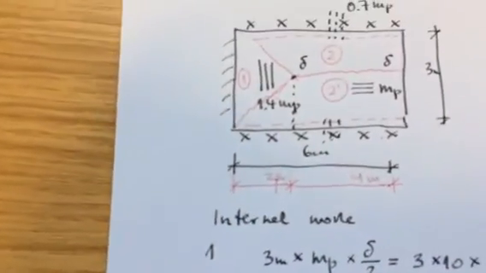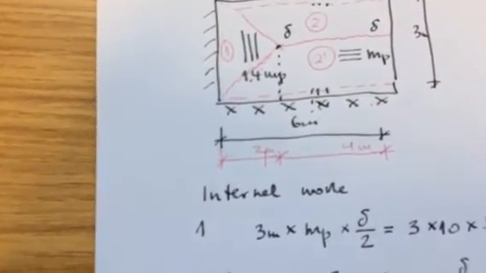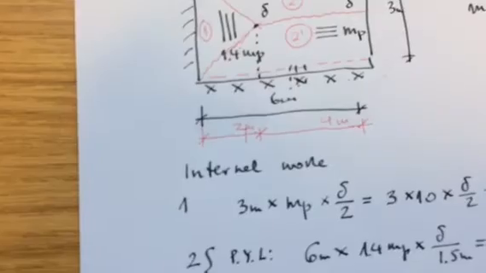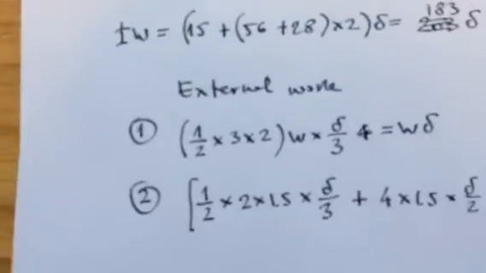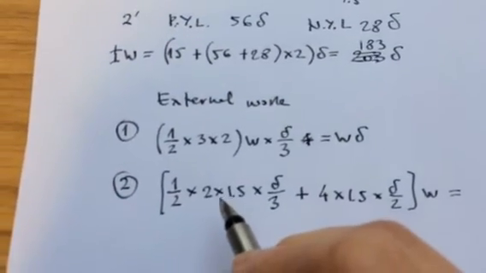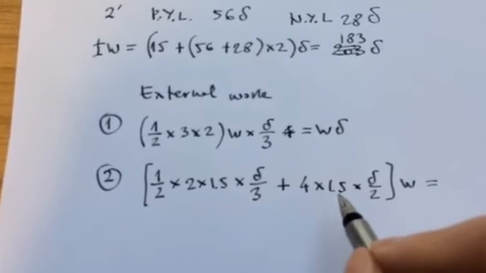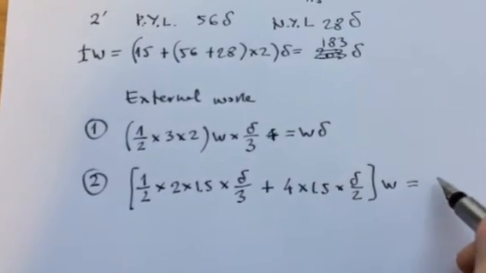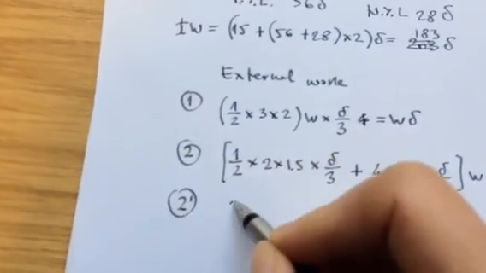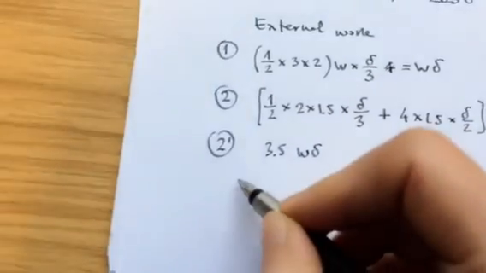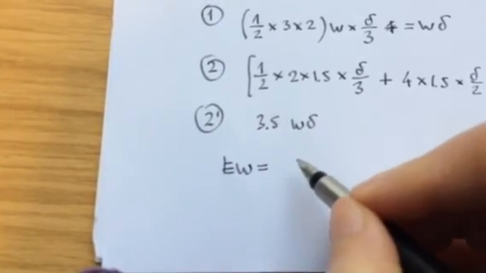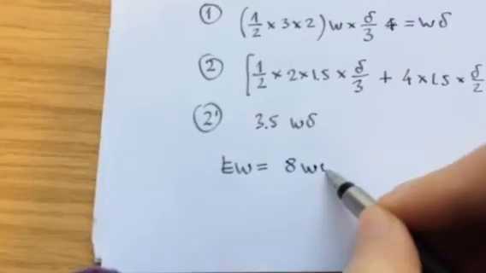Plus the area of the rectangle is 4 times 1.5, and the displacement at the centroid is delta half, times delta, and that is equal to 0.5 plus 3.5 W delta. For element 2 dash, it's also 3.5 W delta. So the total external work is equal to 1 plus 3.5 plus 3.5, 8 W delta.